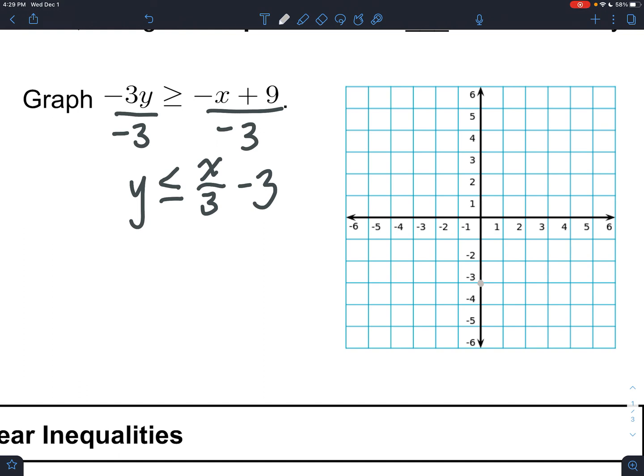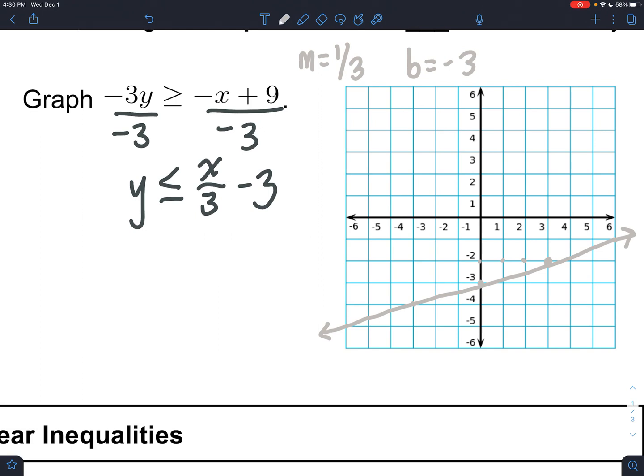Let's plot the point down there, and I'm going to do the slope. Remember, slope is 1/3 and b is -3. So go down to -3 and then go up 1 and over 3. Up 1, over 3. And then we can go down 1, left 3. So go the other way too, if you want.